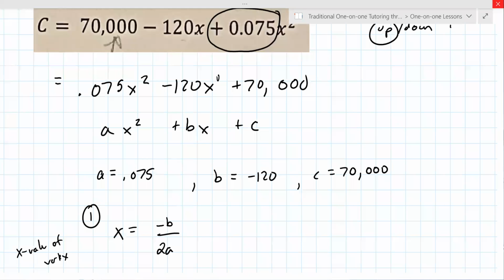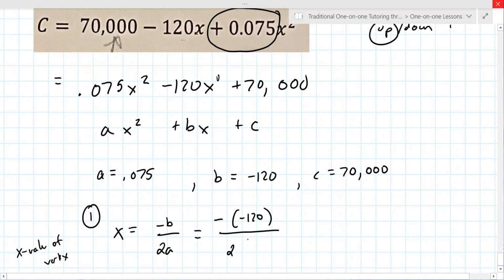I got 4.5. So the value of B is minus 120, right? And A is 0.075. Again, if you're going to put that in your calculator, make sure you put an extra set of parentheses around the bottom. That's probably the reason for our difference.